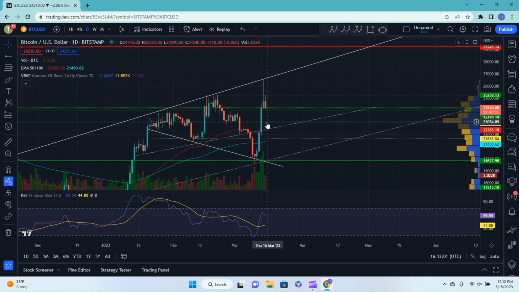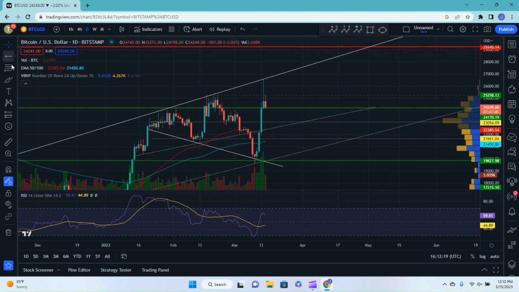If we do not hold support here, I had put this $21,600 area. As far as this volume indicator, this is showing closer to 21,000.